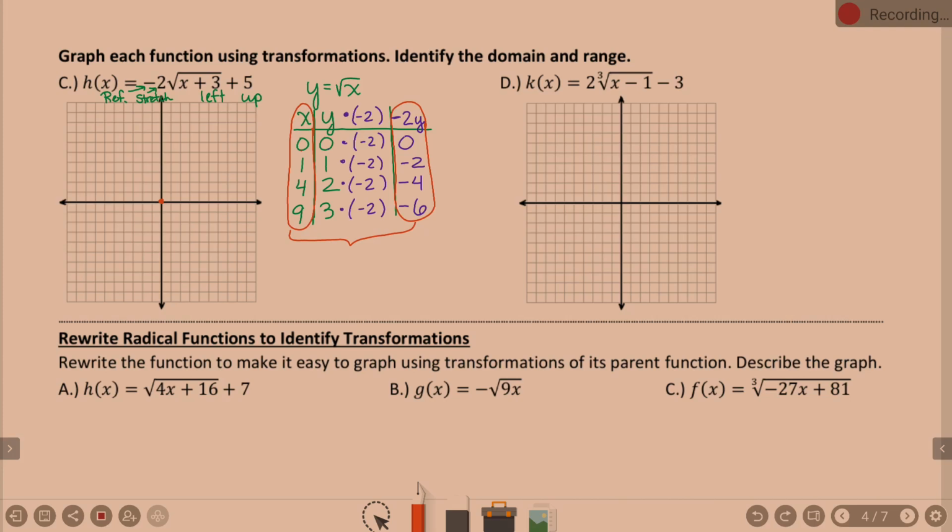So right 1, down 2. It was 4, 2. Now I'm going to use 4, -4, because I'm stretching it by a factor of 2 and I'm reflecting. And it was 9, 3. Now I'm going to use 9, -6.